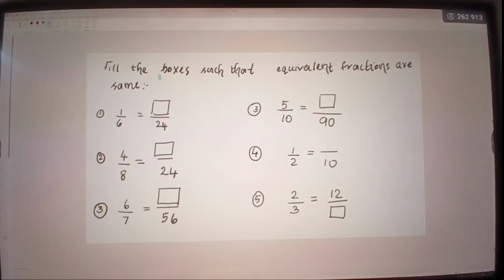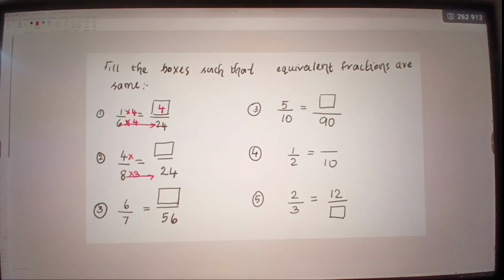Fill in the boxes. So you want to figure out what operation you have done. From 6 to 24, you have to multiply by 4. So you want to do the same operation on both numerator and denominator. So 4/24. From 8 to 24, you multiply by 3.